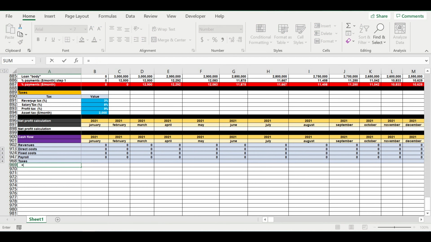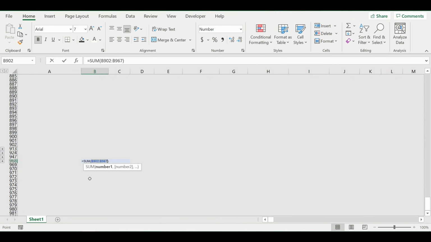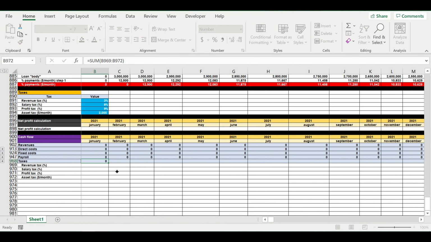What we will do now is just place these taxes here, asset tax, salary tax.